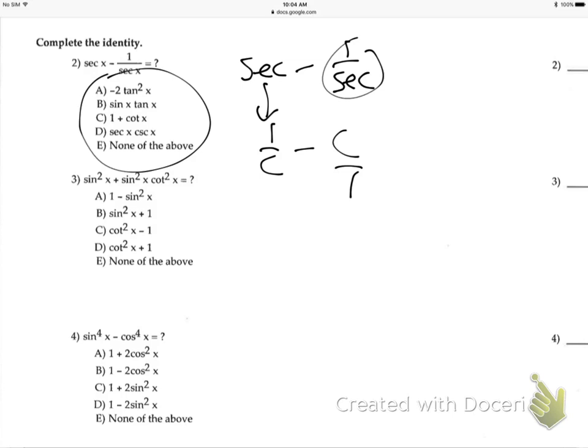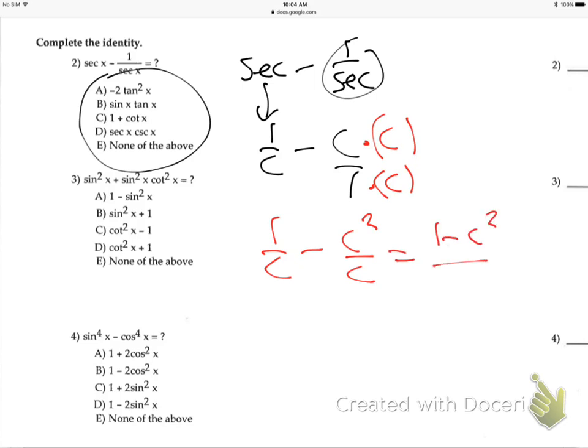So I'm going to multiply top and bottom of this one by cosine, to make it have a cosine denominator like the other one. So then this is 1 over cosine minus cosine squared over cosine. So that is 1 minus cosine squared over cosine. I put them together into one.